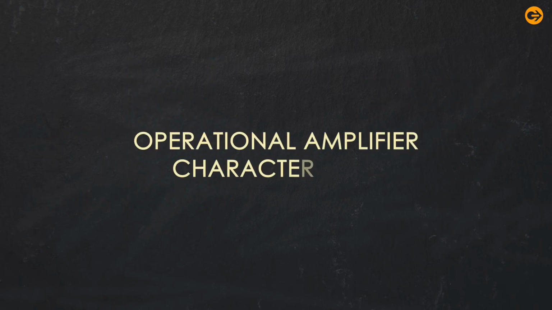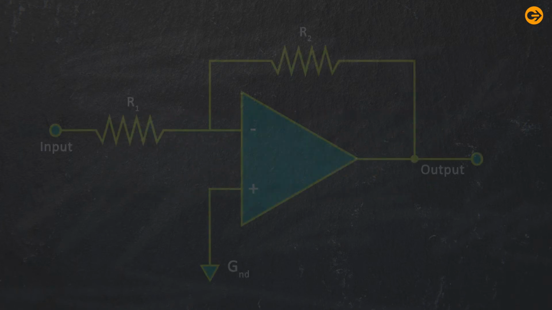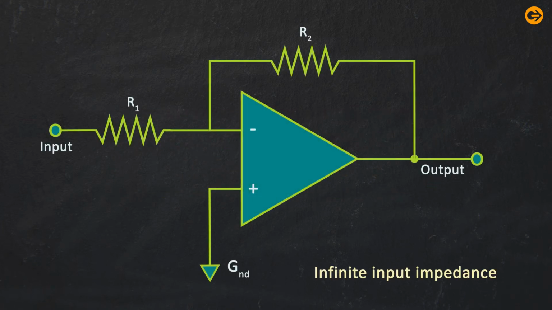Operational amplifier characteristics. An ideal op-amp has infinite input impedance to limit any flow of current from the supply toward the op-amp circuit. However, when the op-amp is used in applications, some sort of negative feedback is provided externally.